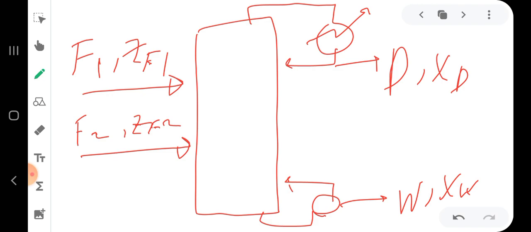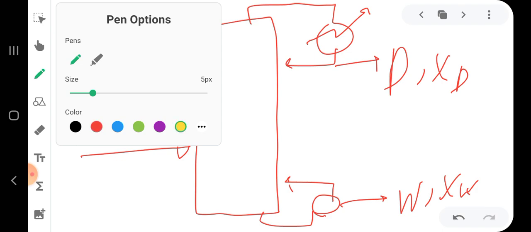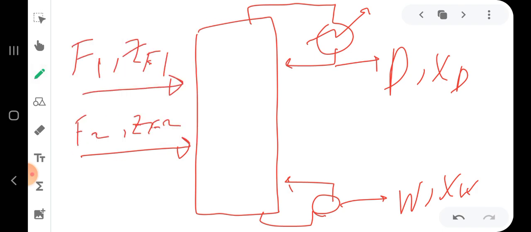Remember that when we have a normal distillation column with only one feed, we divide the distillation column into 2 sections, the top section and the bottom section. Here we're going to do the same idea, but since we have 2 feeds, we divide the distillation column into 3 sections instead of 2.